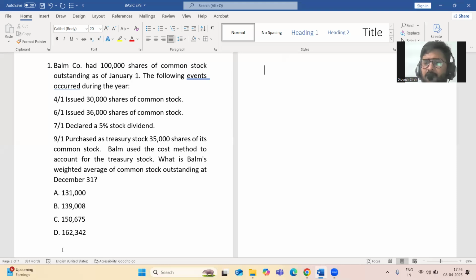Balm uses the cost method to account for treasury stock. You can account for treasury stock using the cost method or any other method, but that has no relevance in EPS calculation. So it is irrelevant. What is the weighted average number of common stock outstanding at December 31?